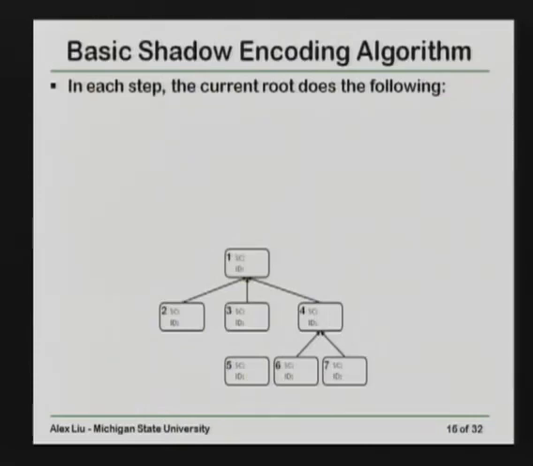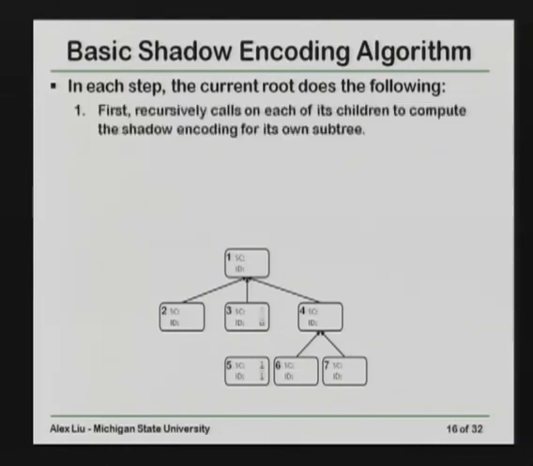Let's first take a look at the basic shadow encoding algorithm. In each step, basically the current root does the following. First, it recursively calls on each of its children to compute the shadow encoding for its own subtree.